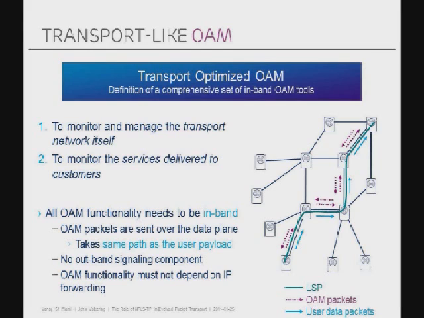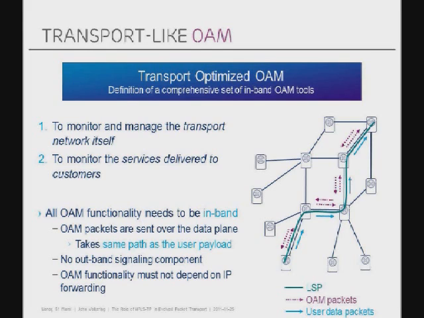So the transport optimized OAM has a capability of transporting OAM traffic embedded in the data path of the user traffic. So the OAM traffic will always follow exactly the same route as the user traffic.